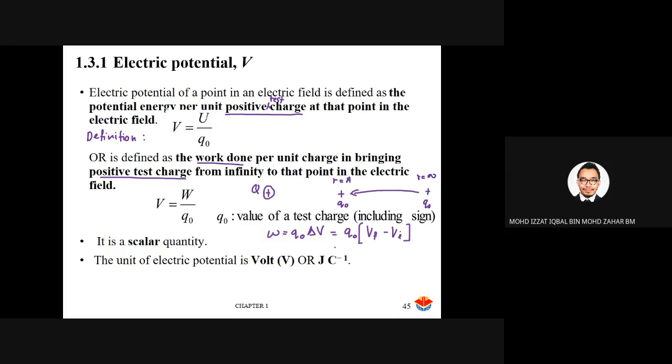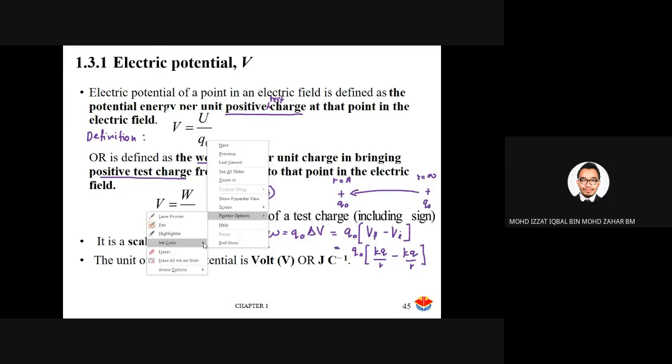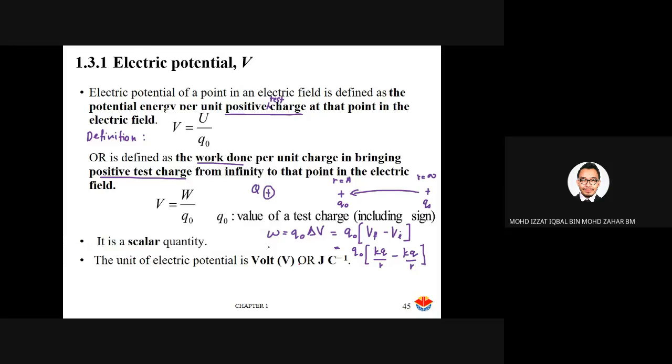And then another formula that we learn is KQ over R minus KQ over R. So initially, it is at infinity, so here is actually at infinity from the diagram here.